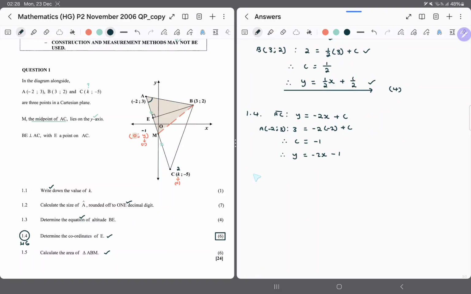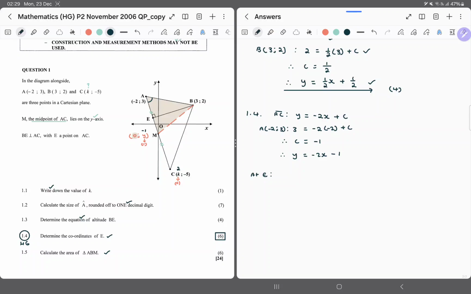So we can say at E, this is the point of intersection.